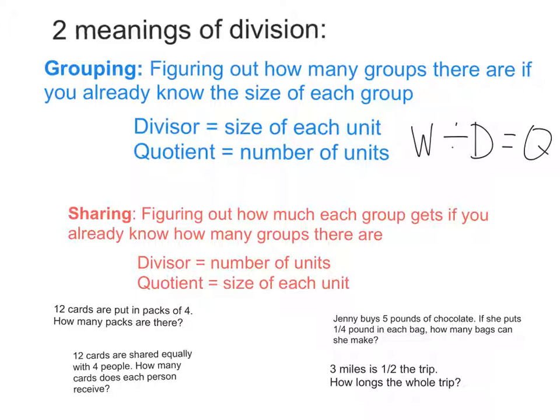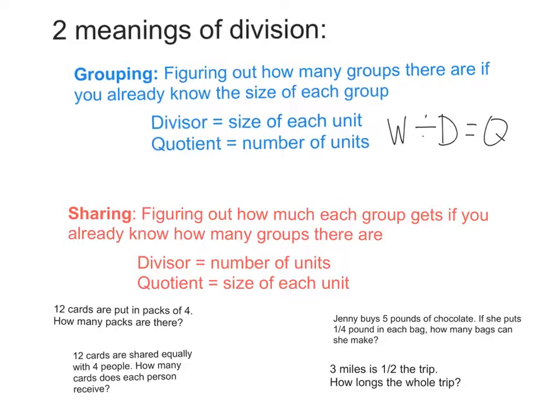So in this case, the divisor, whatever the whole is, it doesn't matter. Your divisor is the size of each unit, okay? Because you already know the size of each group. You already know how many pounds of chocolate are in each section, or in each piece. But you're trying to figure out how many pieces there are. Does that make sense? It's called grouping because you know the size of each group, but you're trying to figure out how many groups there are, okay?